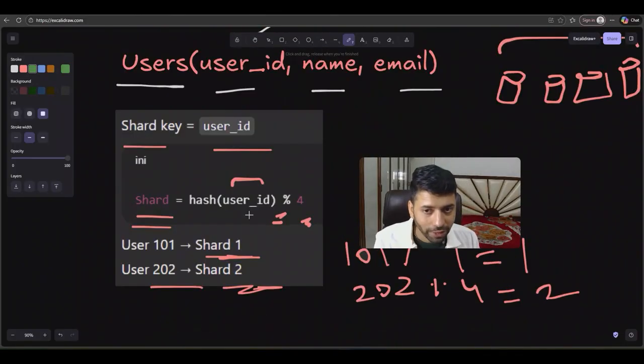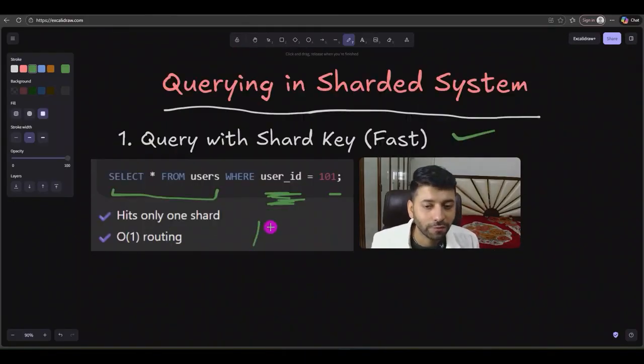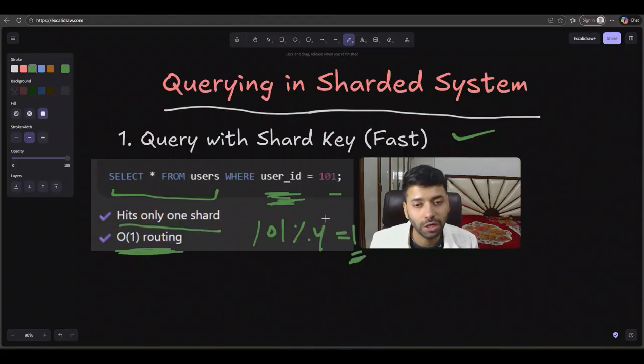For example, we identified using the hash function that in the query you had 101, so 101 modulus 4 will return 1. So shard 1 is your place, so you will hit only one shard, and you will be directly routed to your particular shard. That is why this is very fast, because everything is dependent on the shard key, and here you are querying with the shard key only.